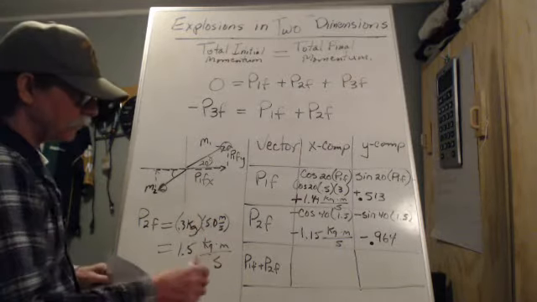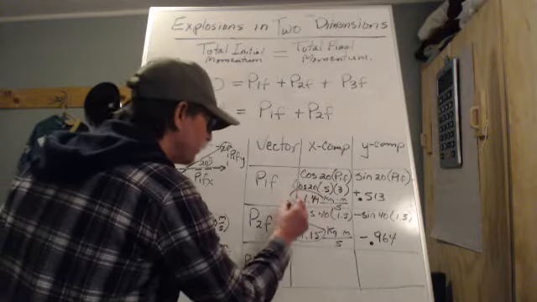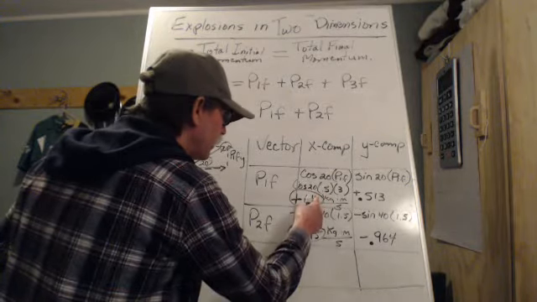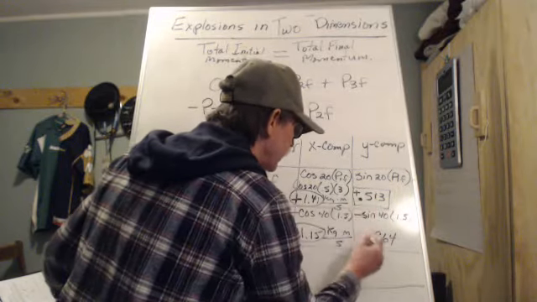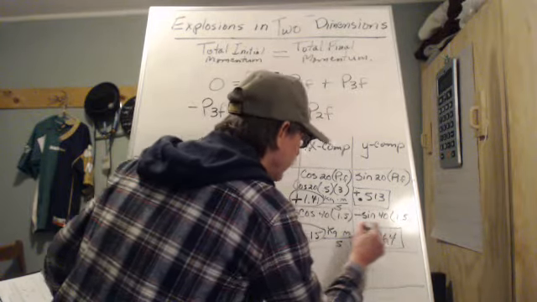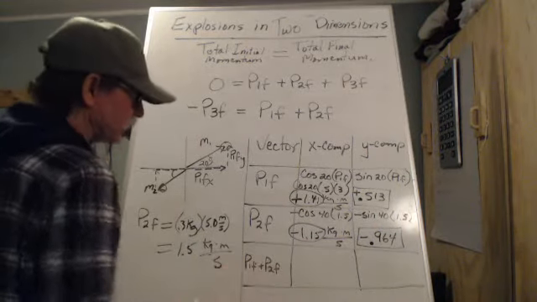So I want to take this number and add it to this number, and I want to take this number and add it to this number, to give me a resultant.